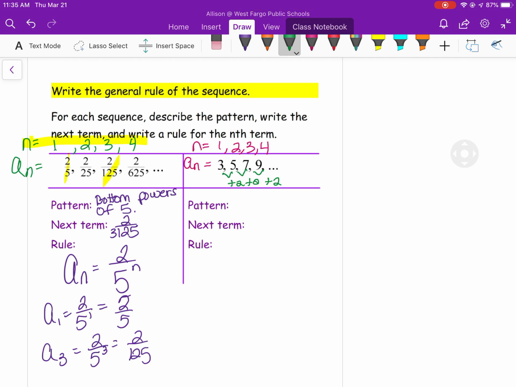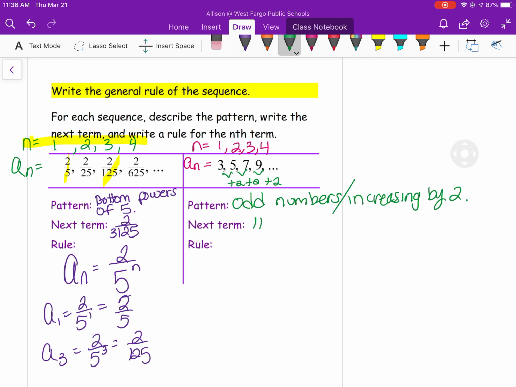So it is counting by 2. And it's also the odd numbers, 3, 5, 7, 9. So we could say that the pattern is odd numbers, and it's increasing by 2. My next term then is going to be 11. 3, 5, 7, 9, 11.